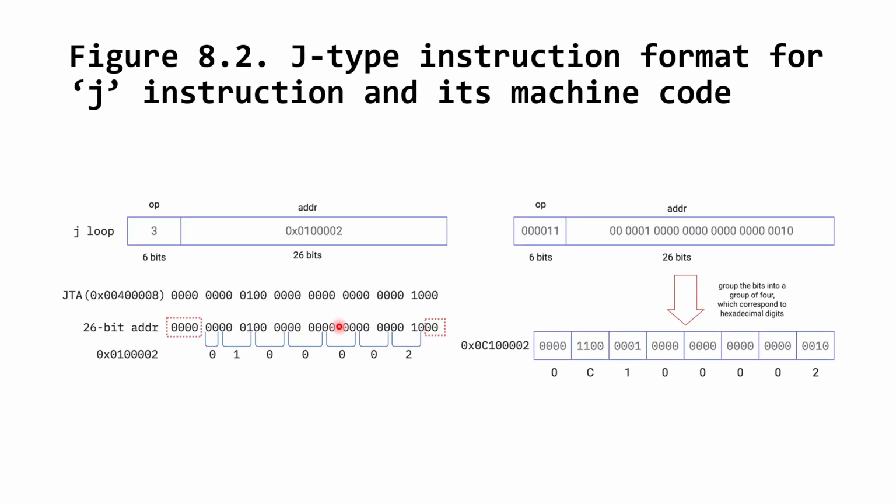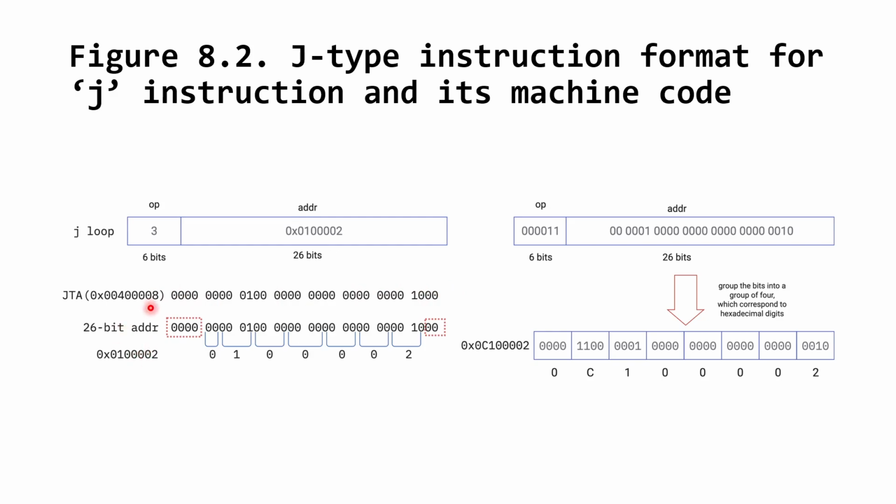Now for this instruction, the address is taken from 0040008 here. This is the jump target address, the address where the loop label is, where we need to go to. So you take 0040008 and expand it into binary form. This is what it looks like.